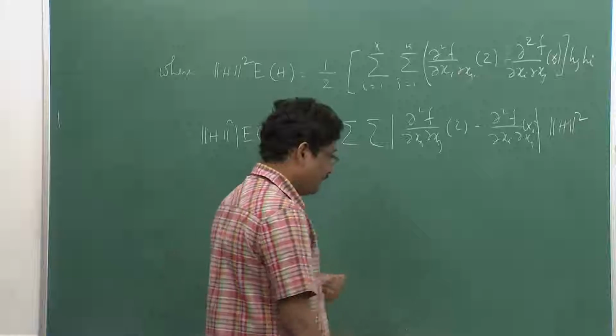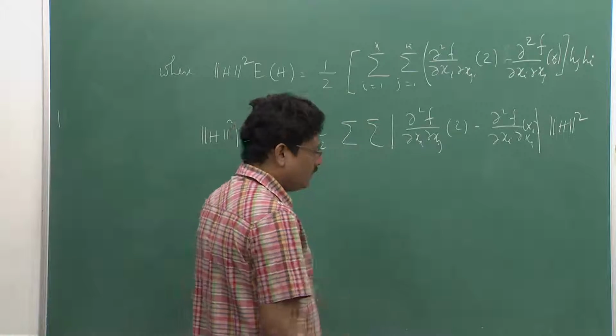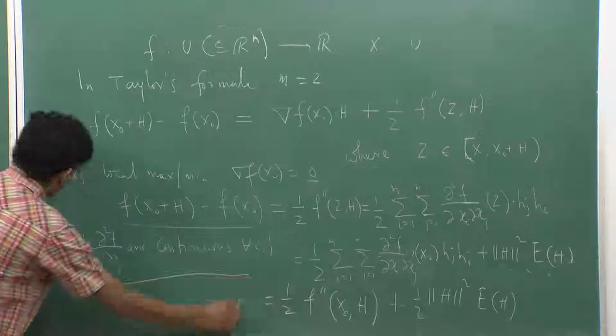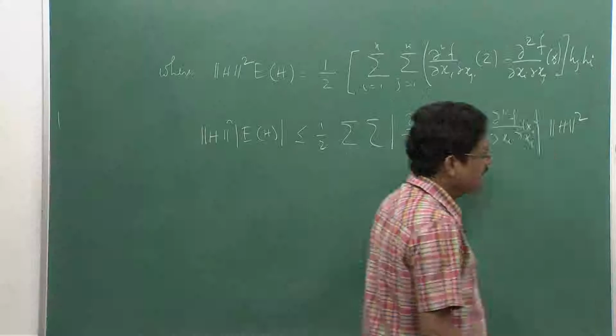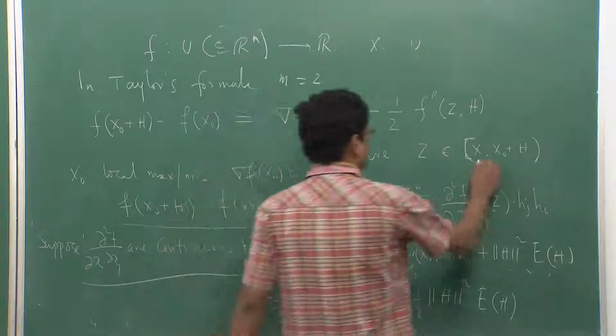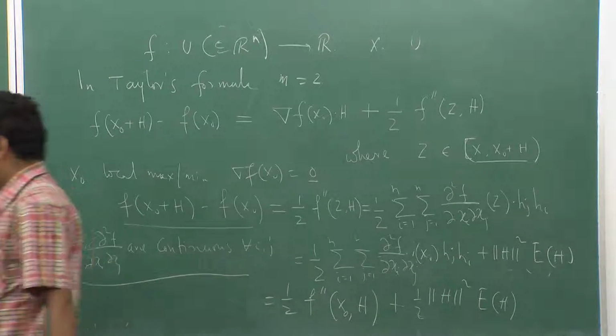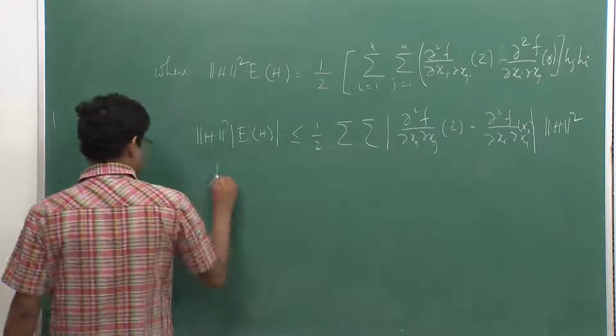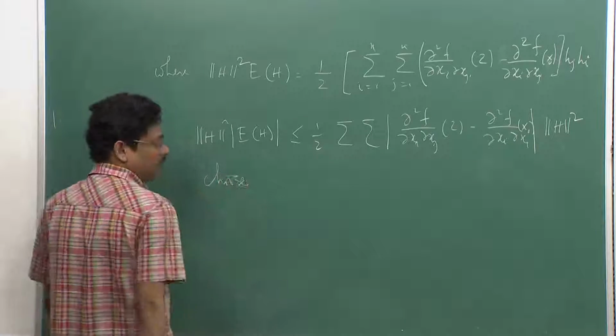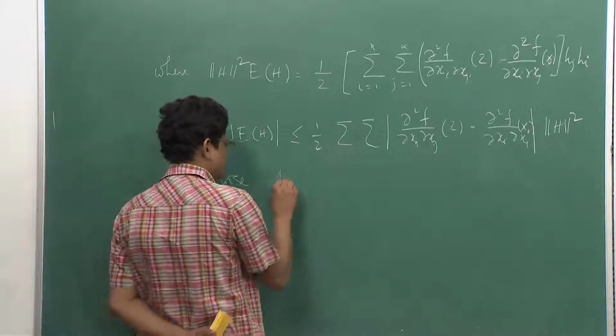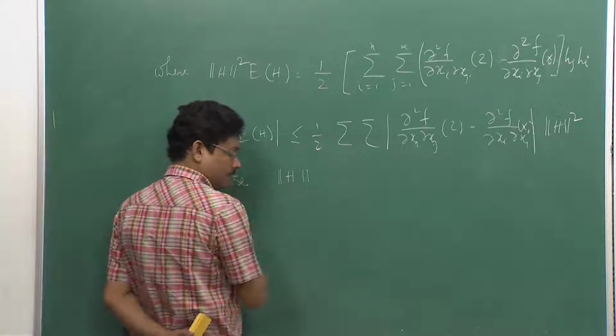Now, see what is happening. If I assume these are all continuous, z is in between this interval. So, I can choose h very small.